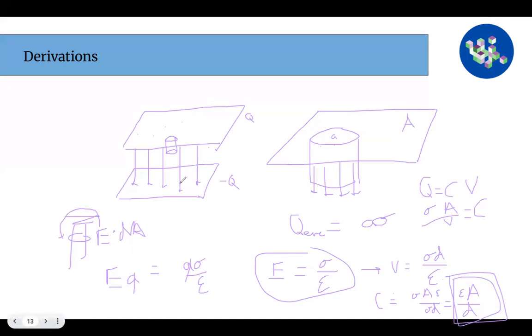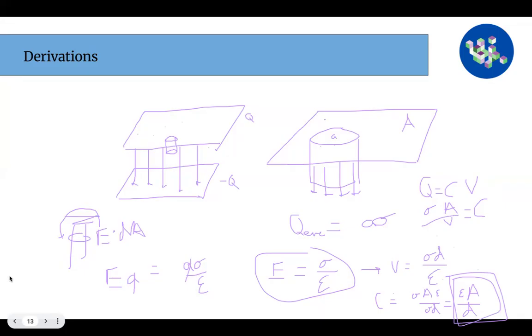Just remember the overall way I derived this: draw this Gaussian enclosure that straddles one plate of the capacitor, find the electric field inside the region between the two plates, and find the potential, which is just the electric field times the distance between the two plates. Then because I define capacitance as Q over V, I'll be able to find what the capacitance is.